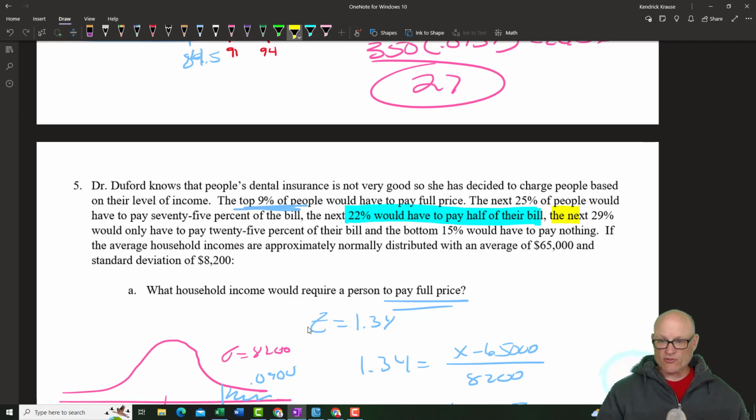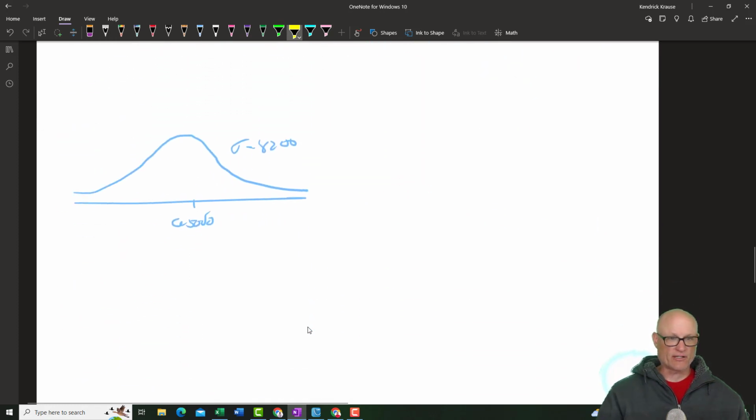So the next 29% would have to pay 25%. And the bottom 15% pay nothing. And the next 29% pay only 25%. So those are the only two that pay less than half. So that's 29% and 15%. I do not give you a hard question like this on the test.